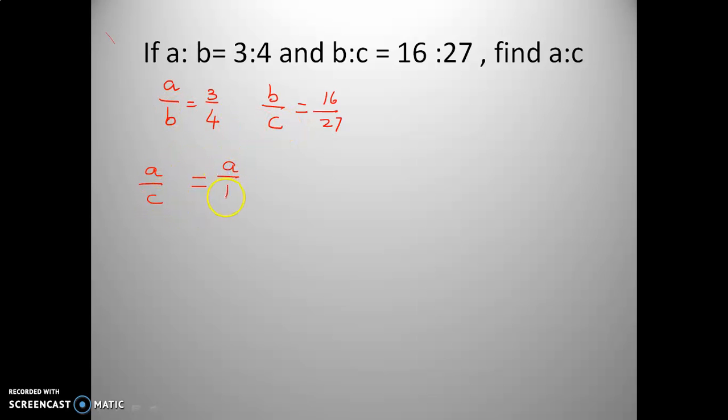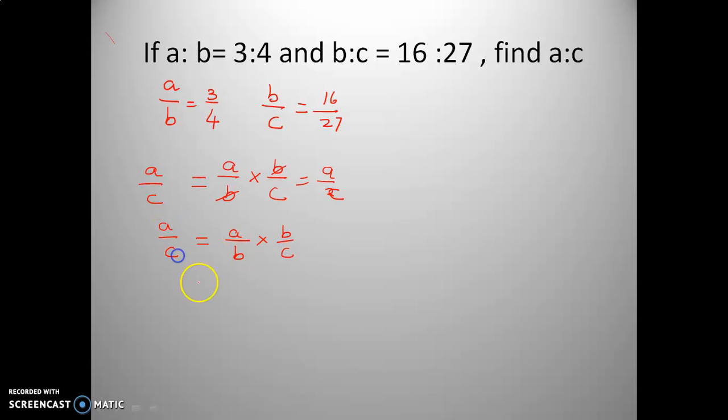If I write like this, will you all agree? A by C is equal to A by B into B by C. Yes, see here, if I cancel these two, I will get again A by C. So, instead of writing A by C, I can write A by B into B by C.